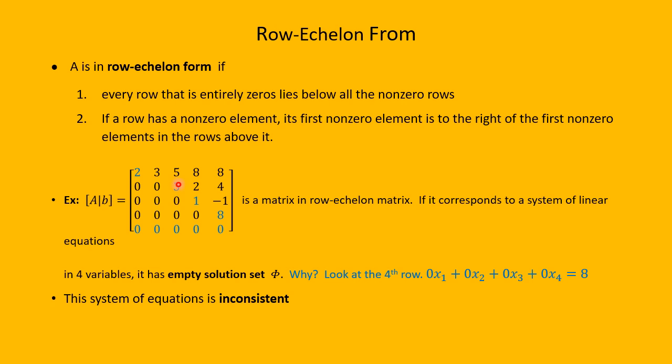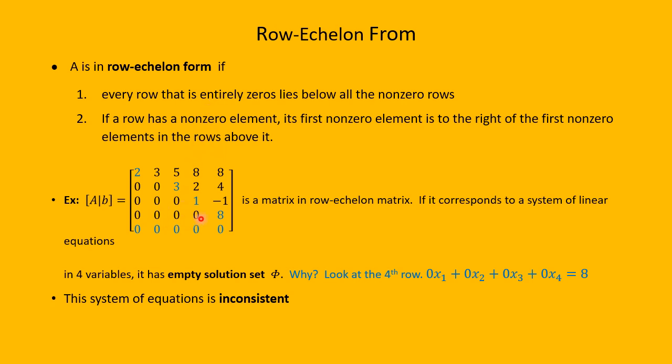If we go down to the third row and find the leftmost non-zero element, we go down and to the right, it's here. The next row, to get it, we go down and to the right again. And so this matrix is in row echelon form since it satisfies these two conditions.